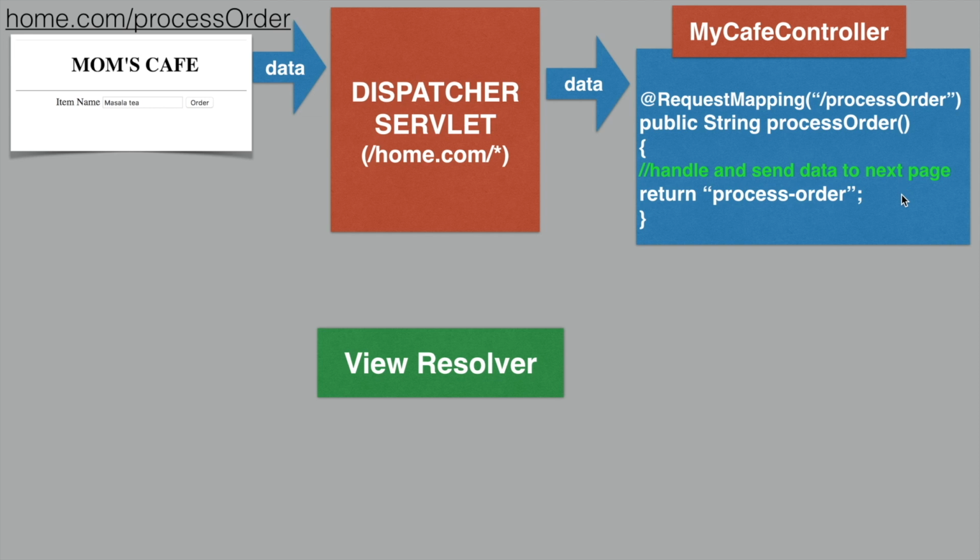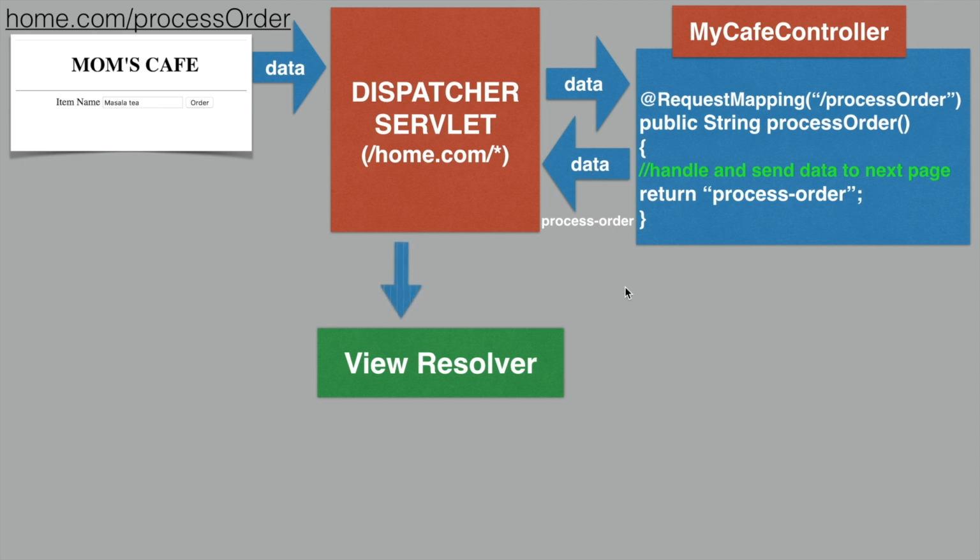Okay, so we can send the data to the dispatcher servlet again if we want to process something, and we can also send the actual view name to where we need to send the data. The view name will be processorder. This is the final page that I want my user to see, and in that page I want to send the data which I captured from here, right?